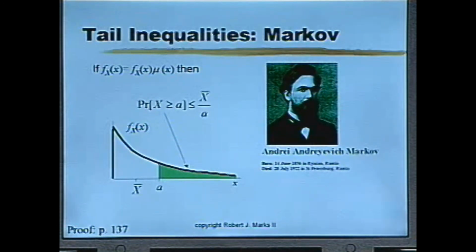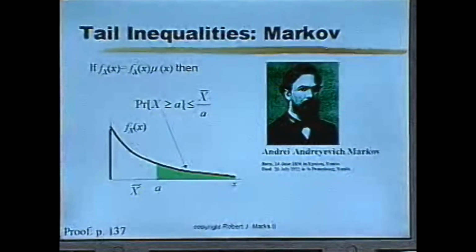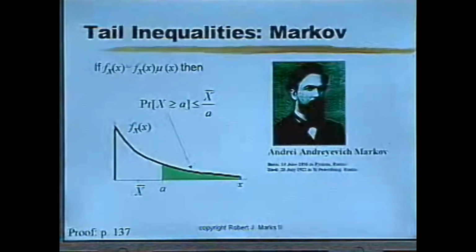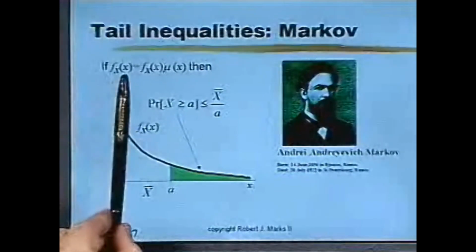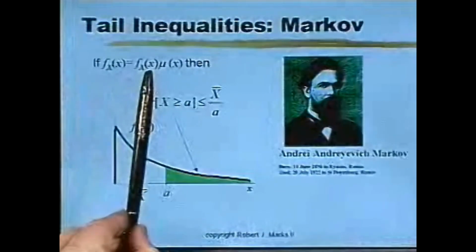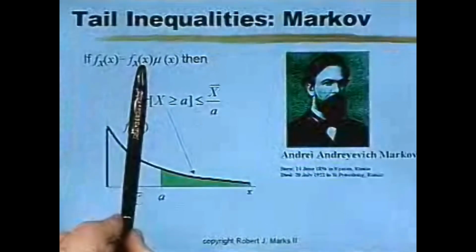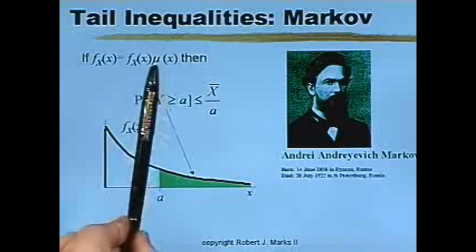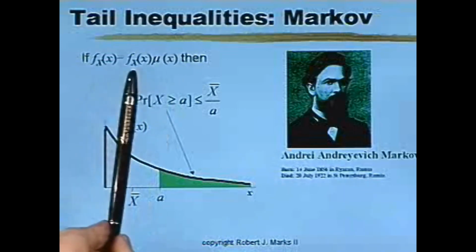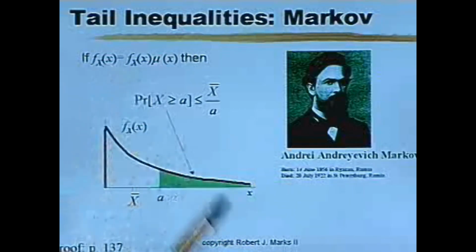The Markov inequality relates probabilities for unilateral probability density functions. It's unilateral in the sense that the density function only has mass for positive argument. In other words, the density function is 0 for negative x.